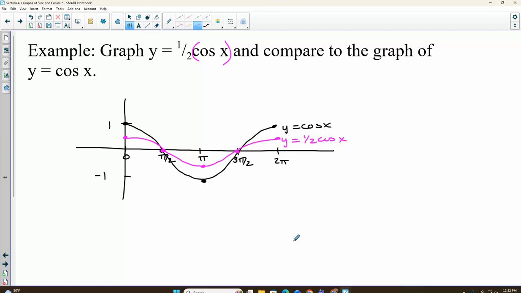So we were right. That 1/2 was a compression. It caused our graph to get shorter. Any questions on those?